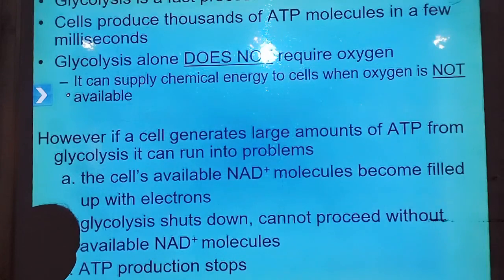However, if a cell generates a large amount of ATP from the glycolysis, it can run into problems. The cell's available NAD plus molecules become filled up with electrons. The glycolysis shuts down, it cannot proceed without available NAD plus molecules, and ATP production stops.